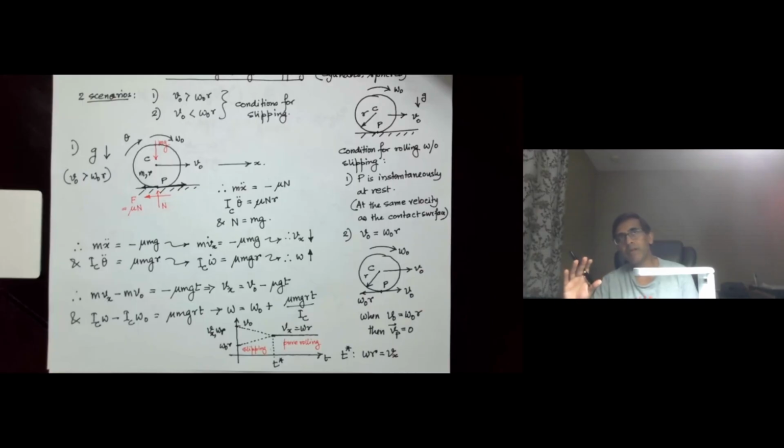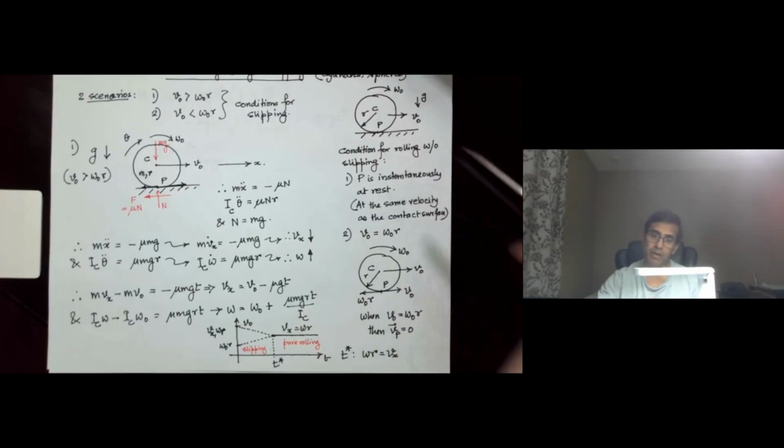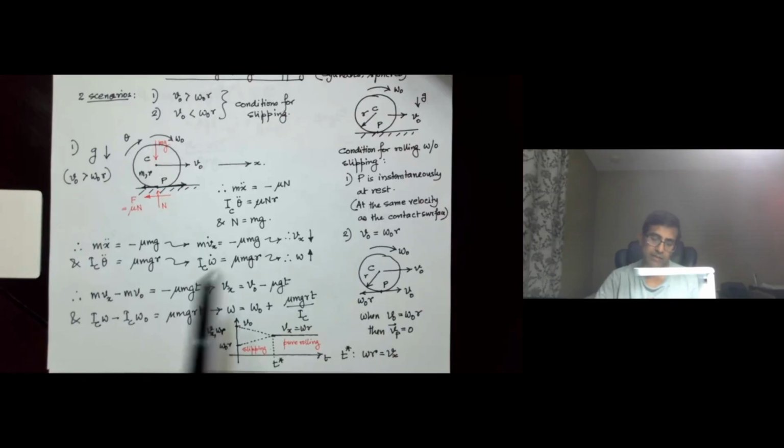It reaches a point where, whichever is the point of contact with the ground, the angular speed and the forward going speed are such that the point of contact with the ground at any instant has zero velocity. And because of that, in this case where it is free rolling, the friction force becomes equal to zero.